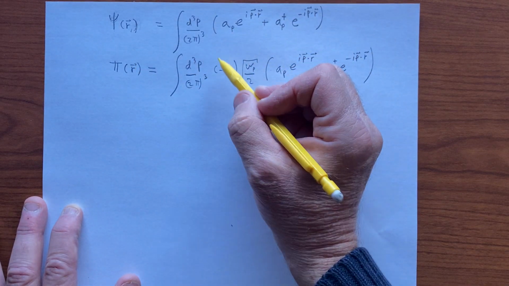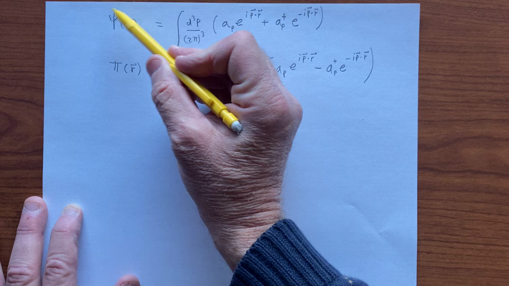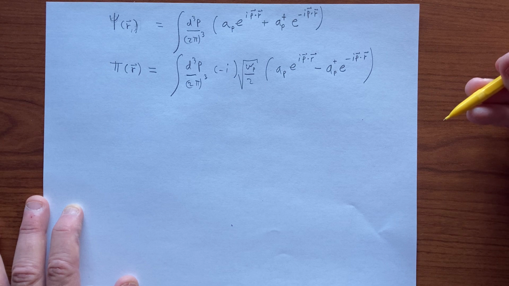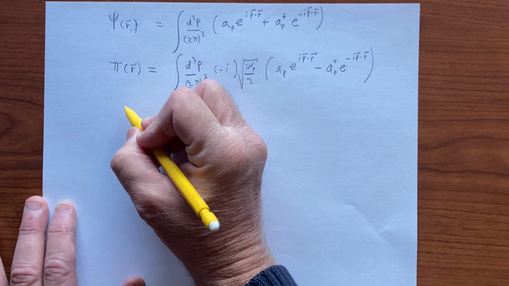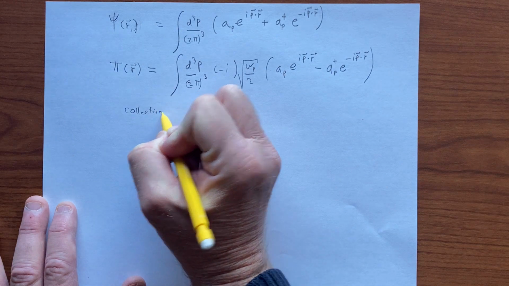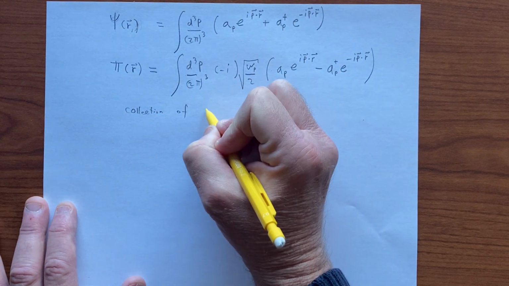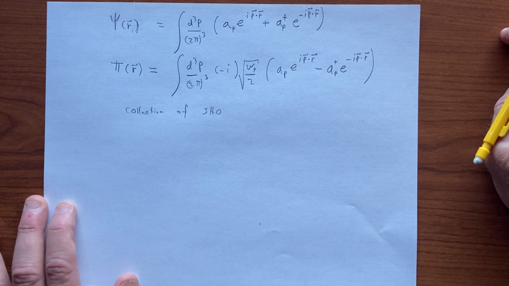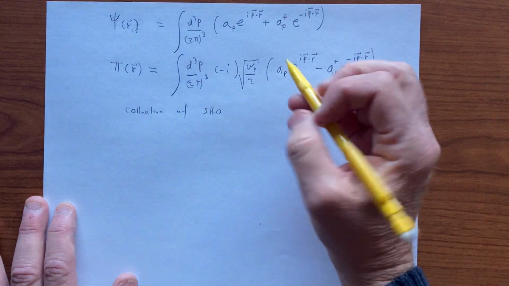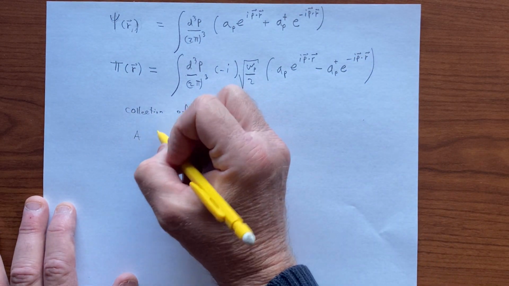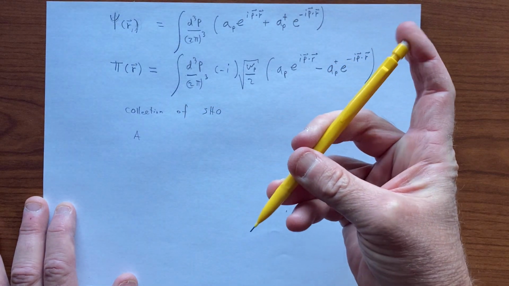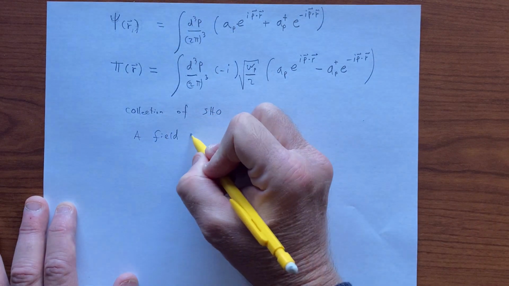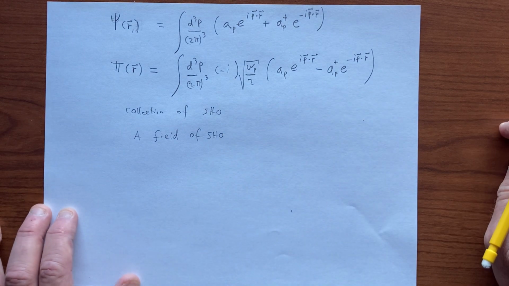So what we realize is that we were thinking of this as a description of one particle, and in fact now we recognize that this has to be a collection of many particles, or of many simple harmonic oscillators, and this collection is what we call a field. The free particle is really a field of simple harmonic oscillators.